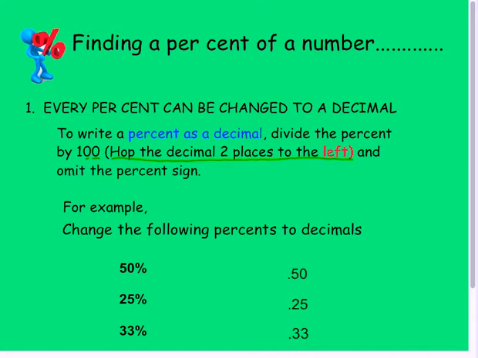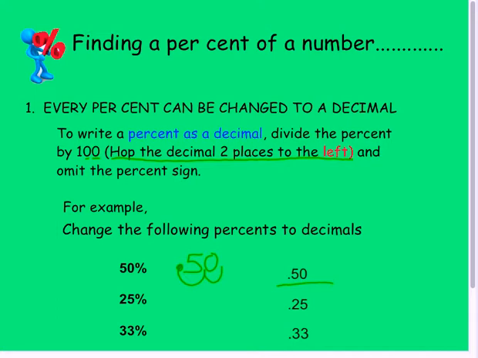So let's look at our examples here about changing these items, 50%. What you would do is, according to the directions above, I rewrite the number, I drop the percent sign, and I hop the decimal 2 places to the left. So 50% becomes 0.50.